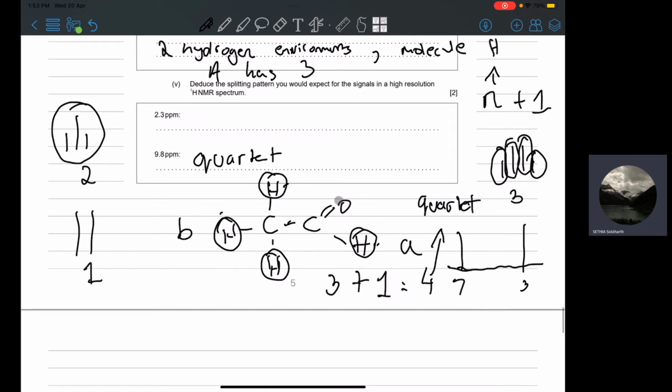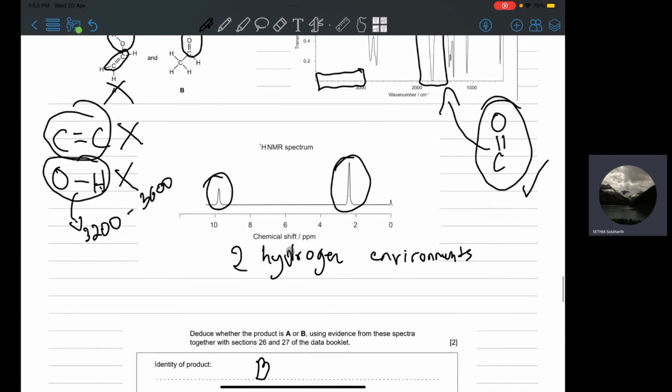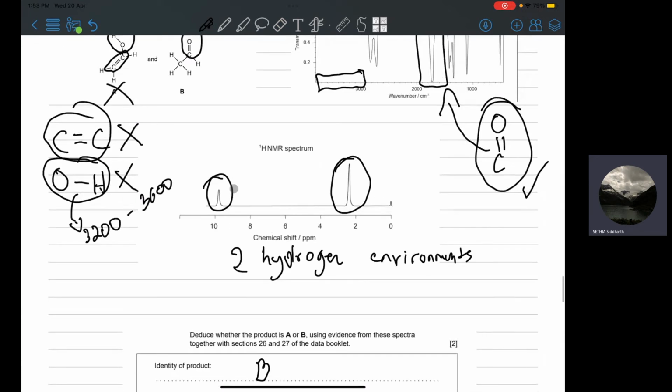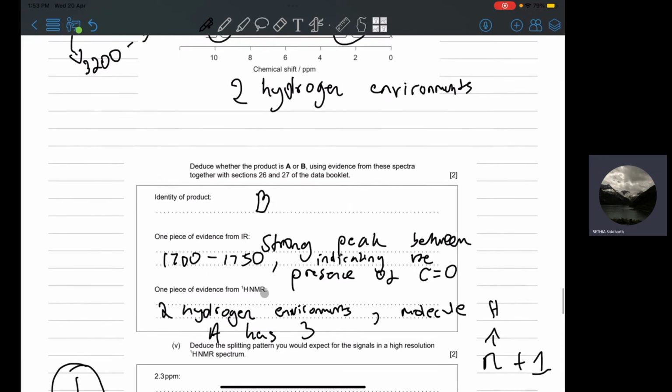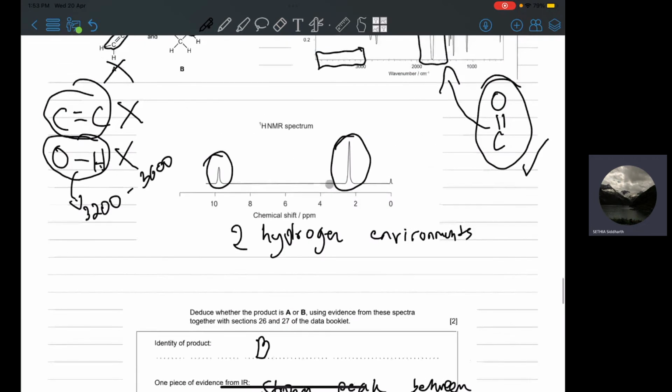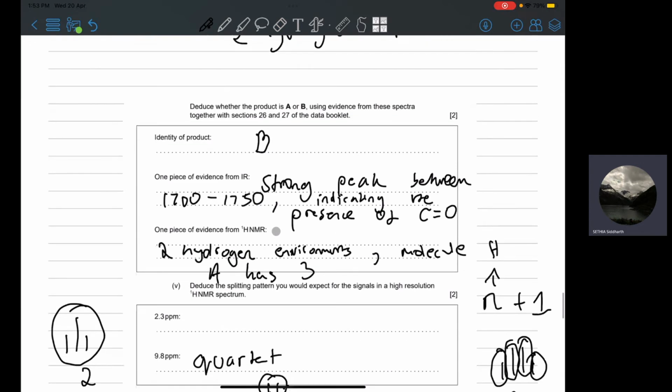So this hydrogen is very close to this oxygen, and thus it has a very high chemical shift. Hydrogens attached or close to oxygens have a very high chemical shift. And this hydrogen is pretty close to this oxygen. It's just 2 bonds away. It's pretty close, and that's why it has such a high chemical shift. That's just some extra information.